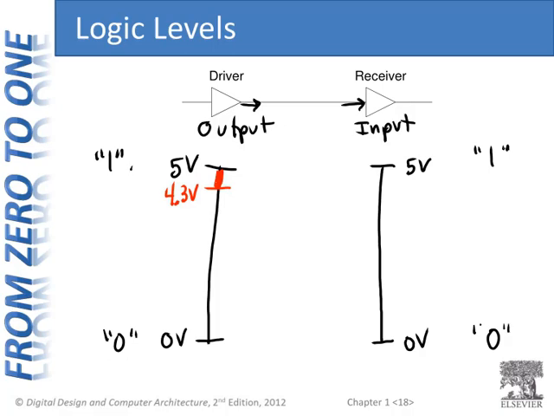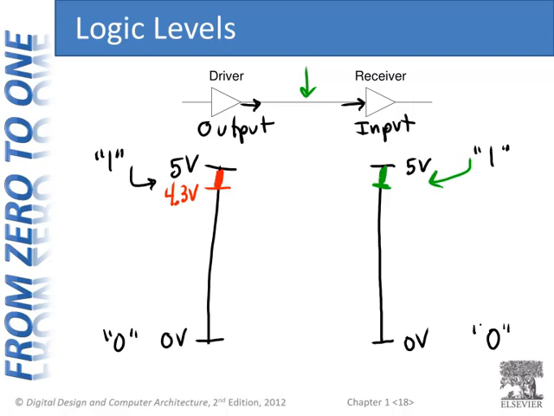So this driver outputs something a little bit less than ideal. Well, as long as the receiver says, hey, you know what, my 1 I'm going to define as, well, should we define it as exactly 4.3 volts? What about any noise coming onto this wire?